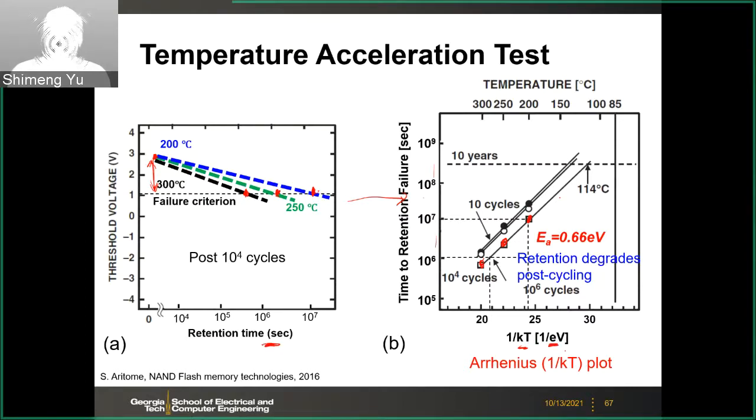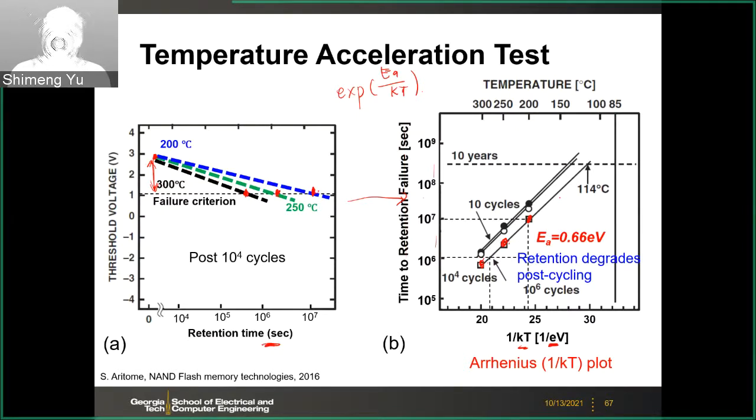So you have to do this conversion to 1/kT, and then you will plot those 3 points. This will be a straight line because any degradation follows this kind of distribution, exp(EA over kT). So this is a thermal activation function.